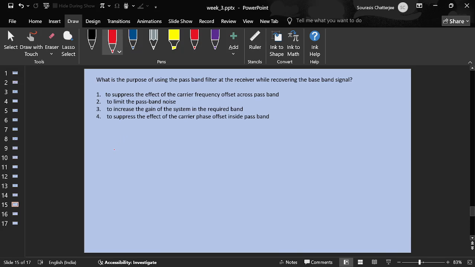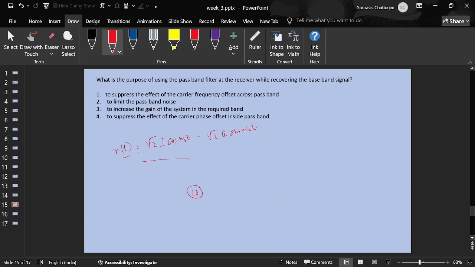If the received signal is r(t), this expression, root 2 I cos omega naught t minus root 2 Q sin omega naught t, you multiply it with the output of a local oscillator, right?